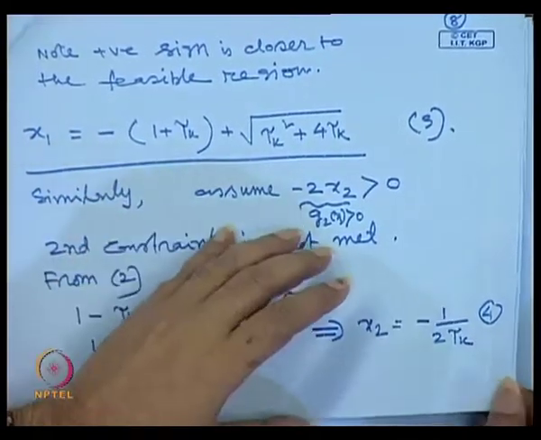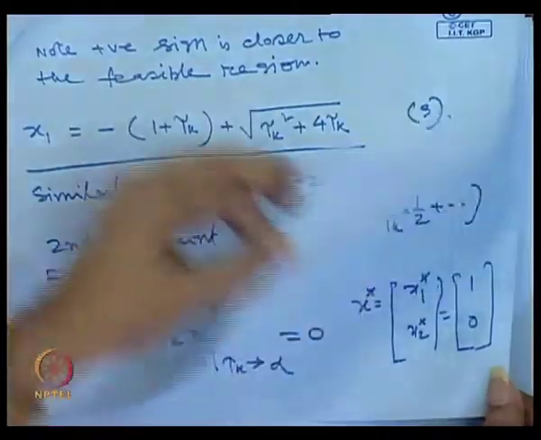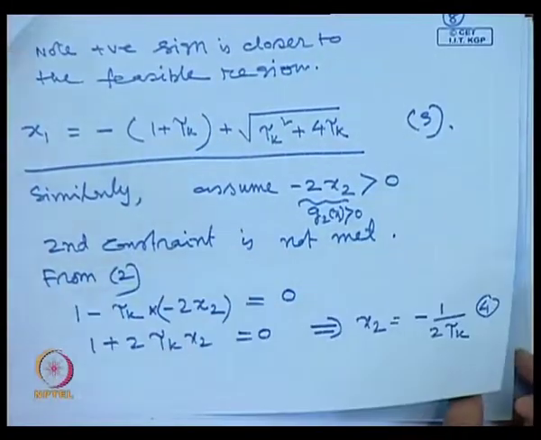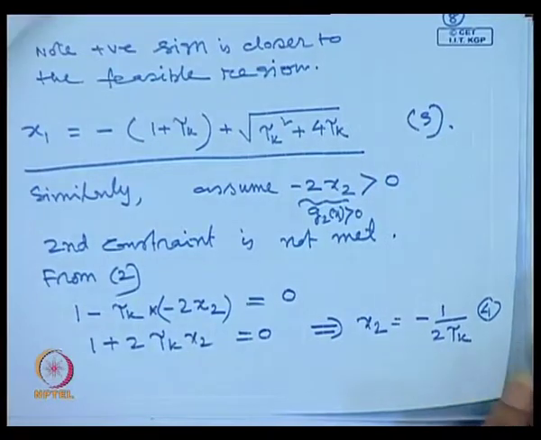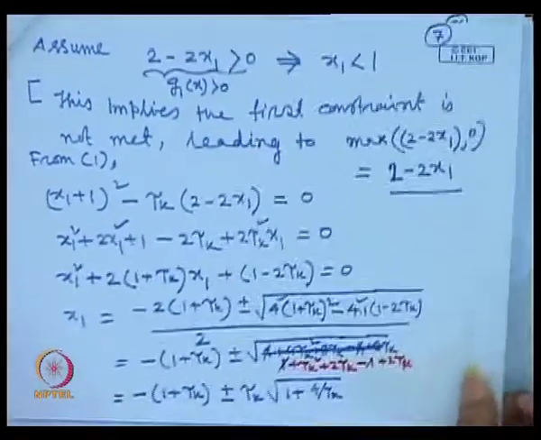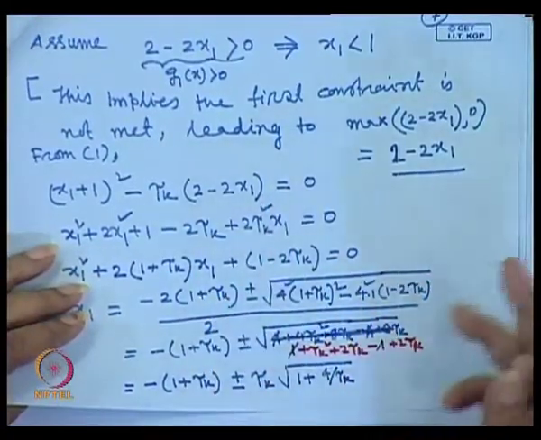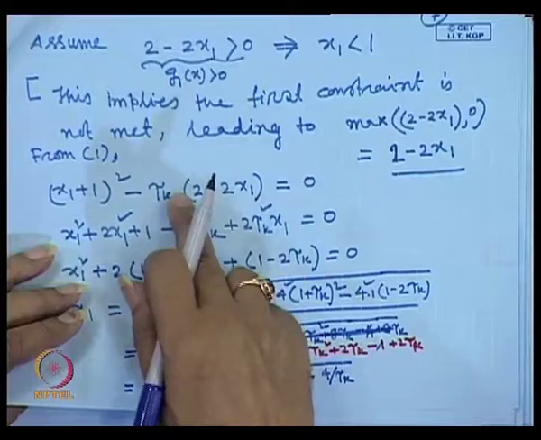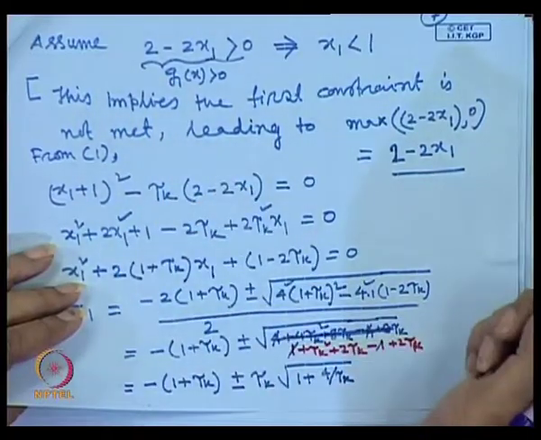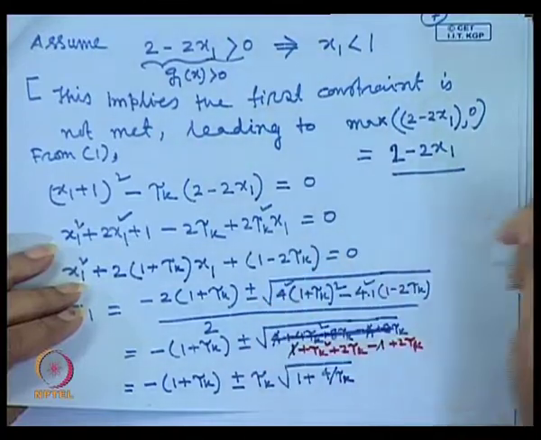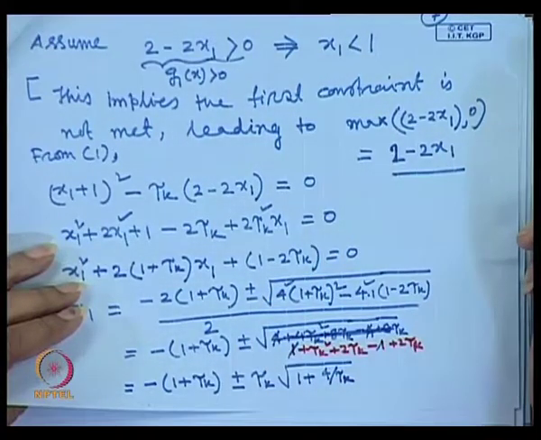Exterior point means we take infeasible solutions and find the function value, which decreases with each iteration and ultimately converges to an optimum value of the function which is feasible. So we have the result x1 equal to 1, x2 optimum value 0, when tau k, the penalty coefficient, tends to infinity.